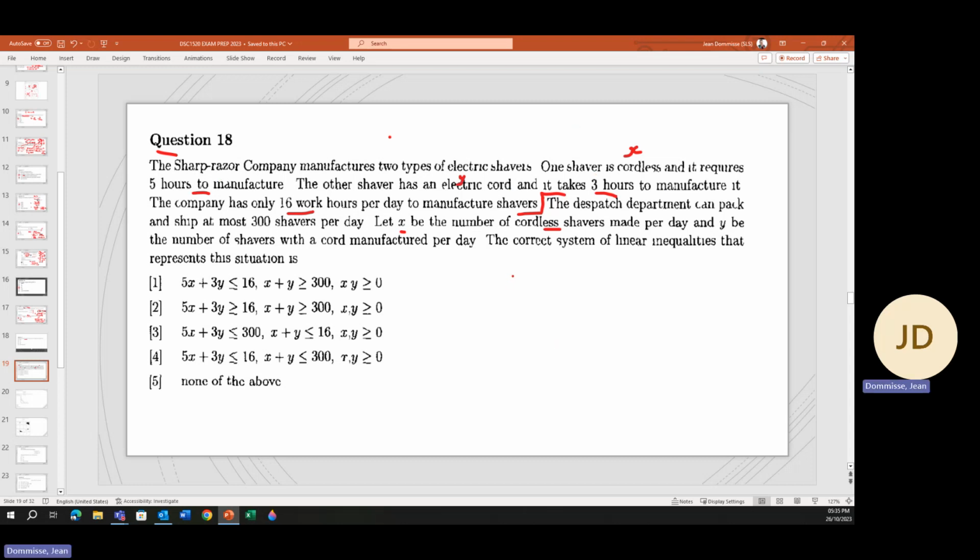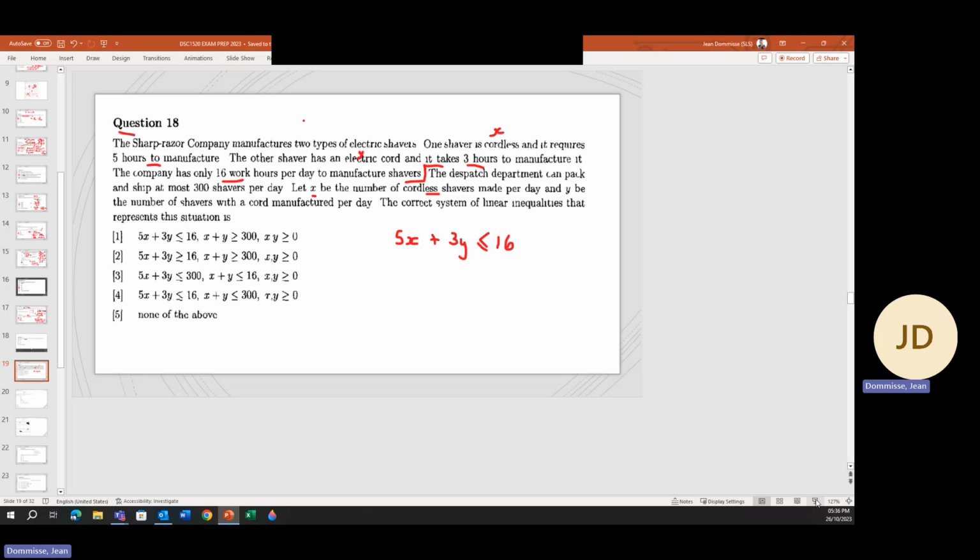It takes 5 hours to manufacture X, it takes 3 hours to manufacture Y, and you have up to 16 hours to manufacture it. Okay, so that would be your first formula.